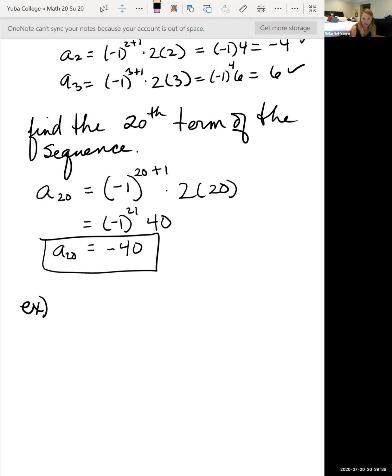Okay, so I'm looking at this one. I'm thinking, this one looks a little difficult. How would we do this? So let's do it. So 1, 1/2, 3, 1/4, 5, 1/6, 7, 1/8.